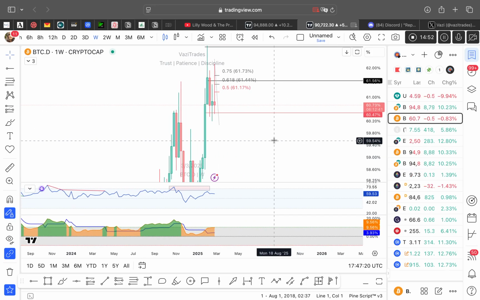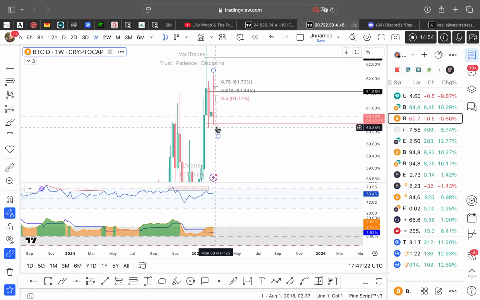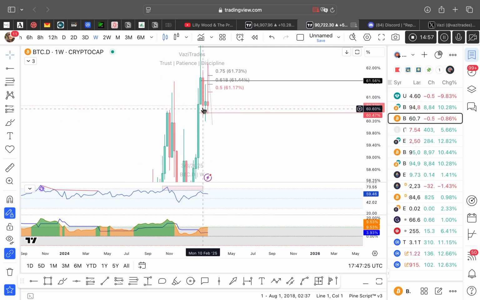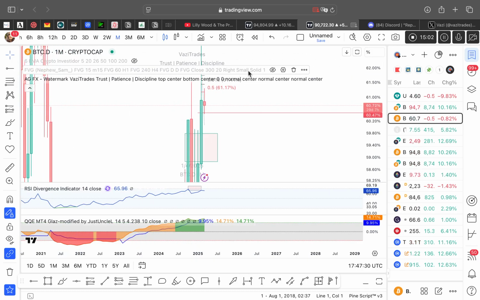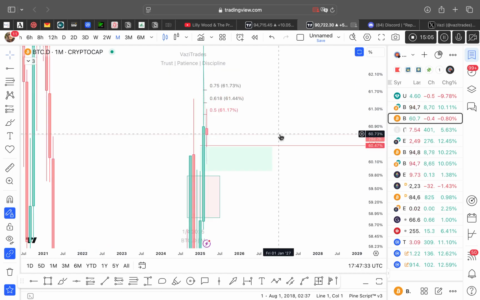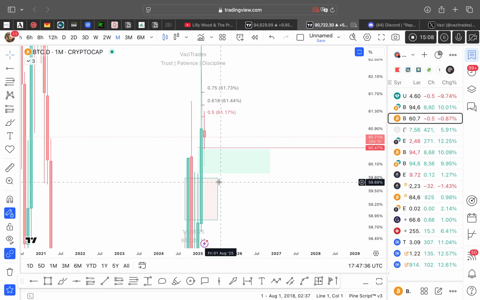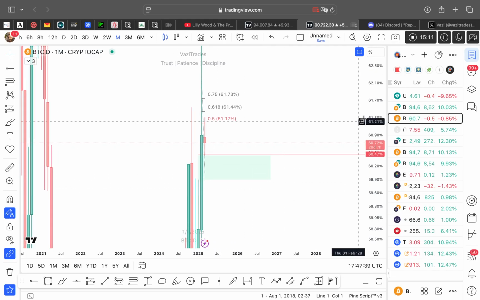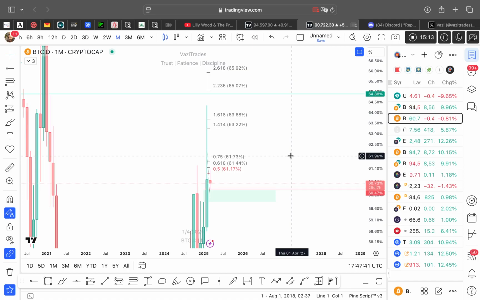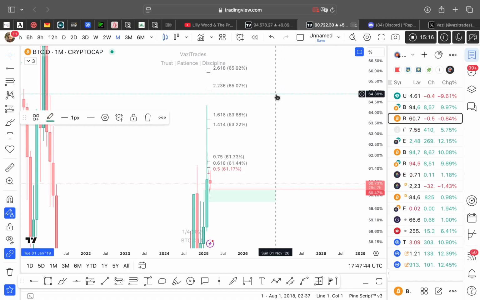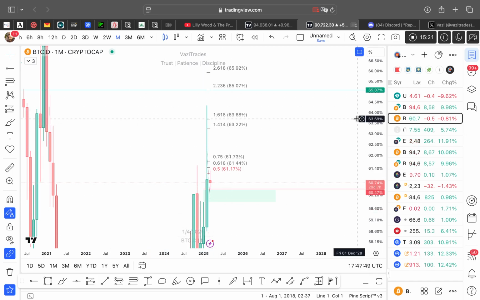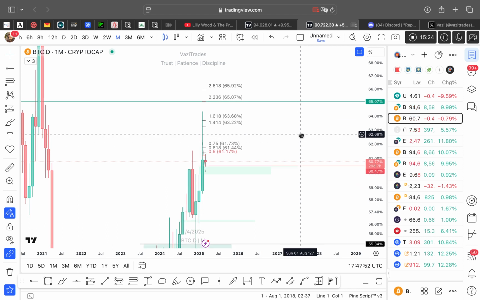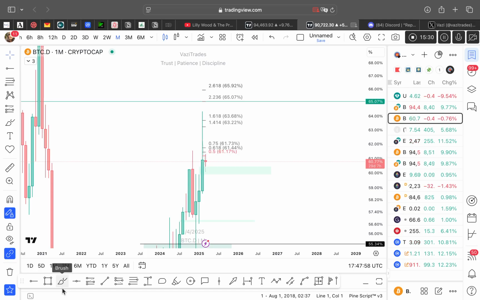Even though weekly looks bearish with these candles, monthly is more interesting because it has this monthly FVG. So I don't know. You know what? I will probably do it like this.